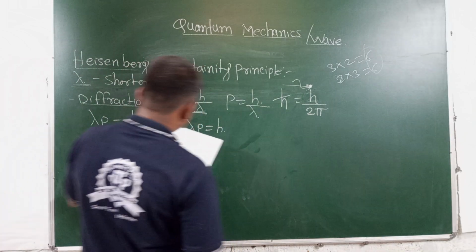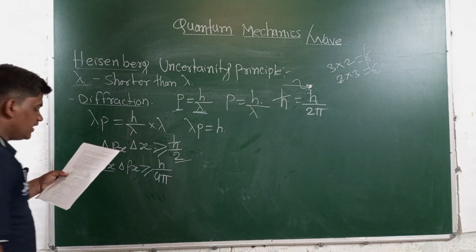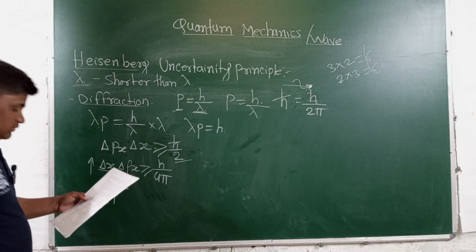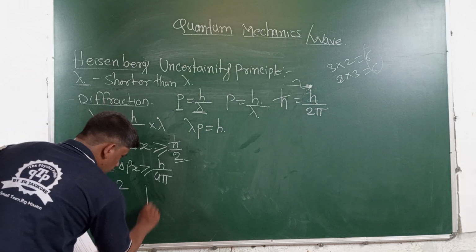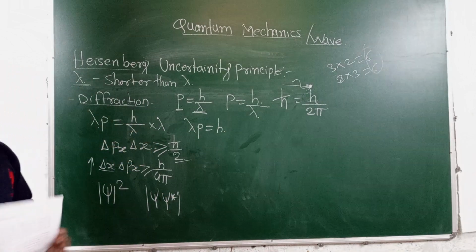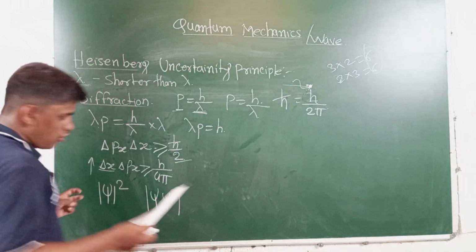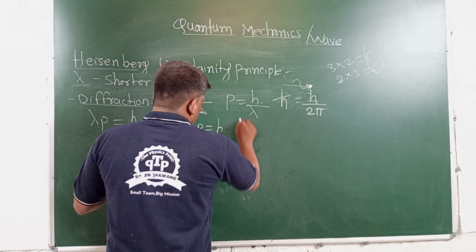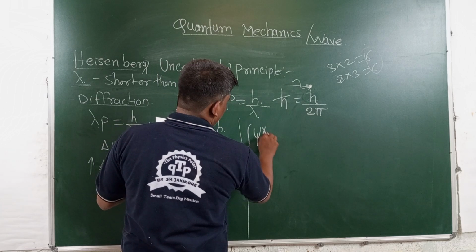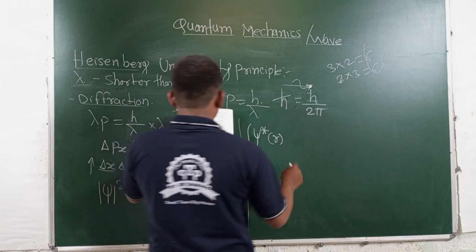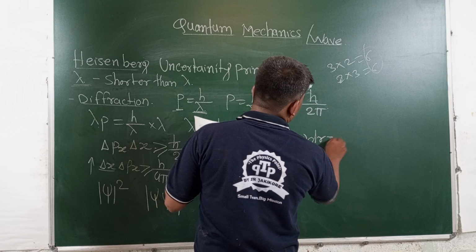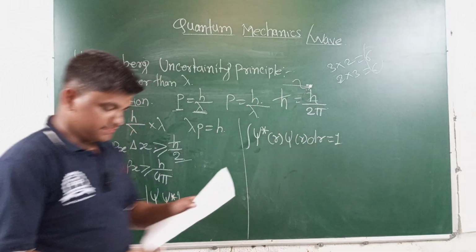Since the electron must be somewhere in space, the integration of psi mod square, which is equal to psi into psi star, where psi and psi star are a pair of complex conjugates, that is, the integration of psi star of r and psi of r, where r is the position vector, reduces to unity.